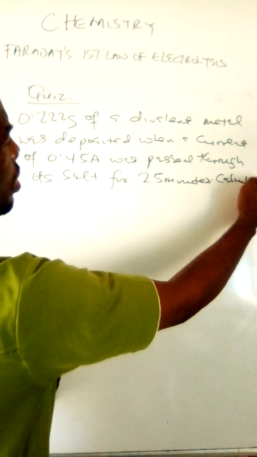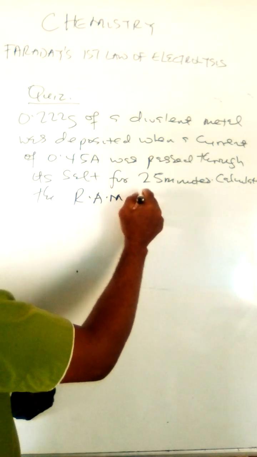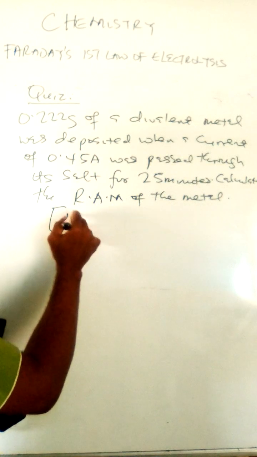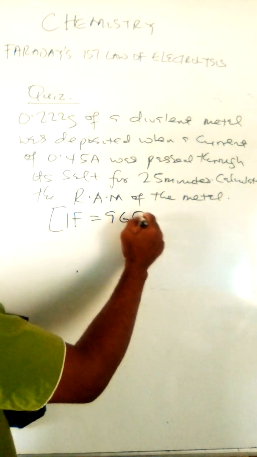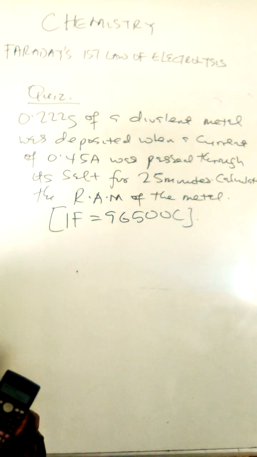Calculate the relative atomic mass of the metal. Take 1 Faraday as 96500 coulombs. So we'll have a look at this problem again.